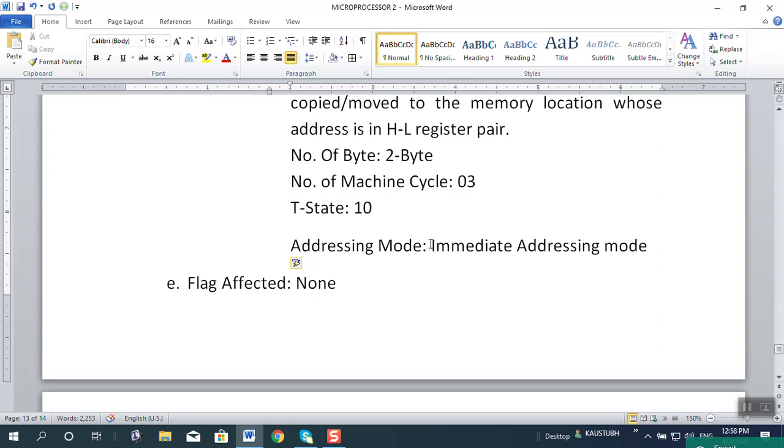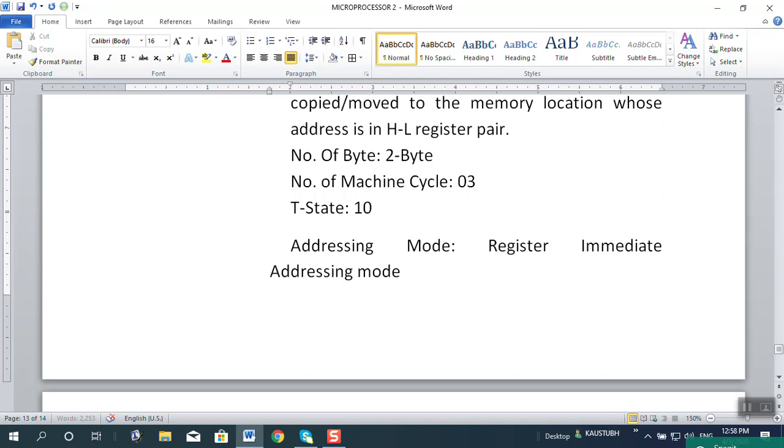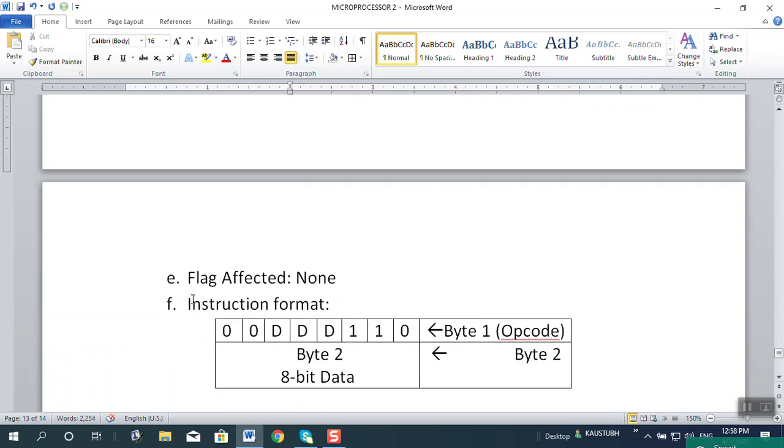One is register indirect as well as immediate addressing mode. Flag affected, of course, none.